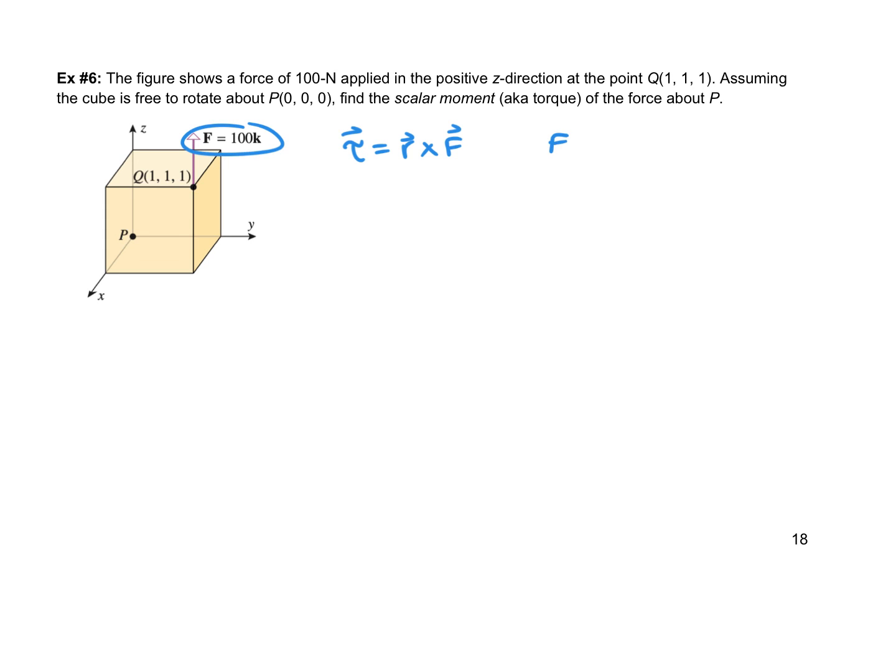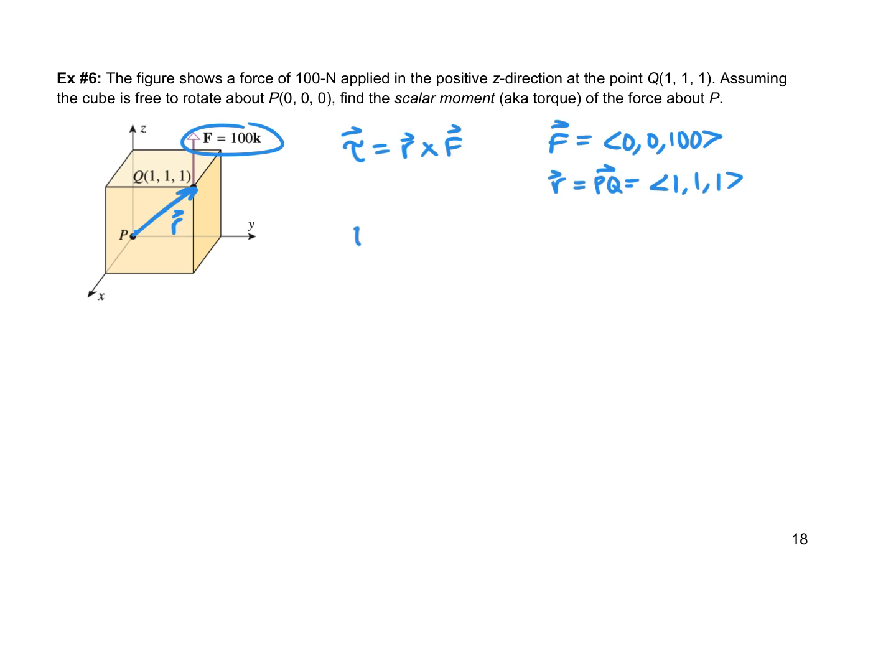So that F is the vector 0, 0, 100. The position then, if we're rotating about P, is going to be this vector right here. So that's going to be our R. So our R is the vector PQ, which is the vector 1, 1, 1.